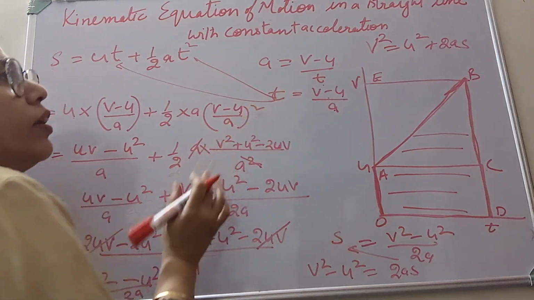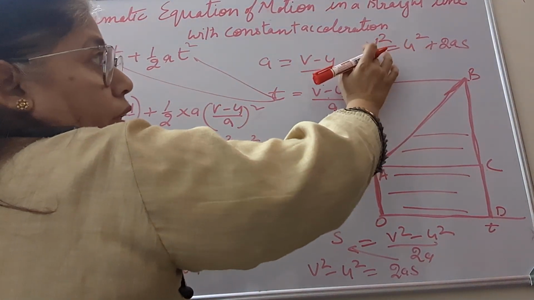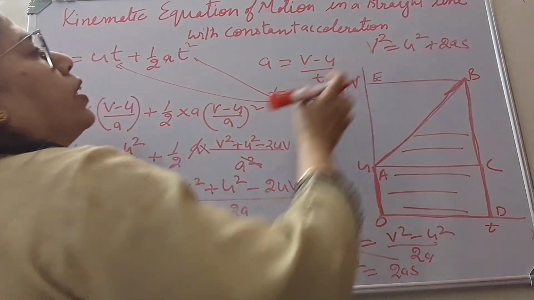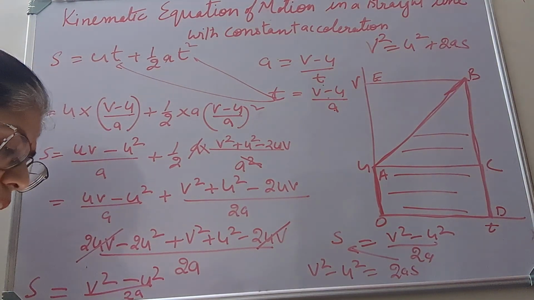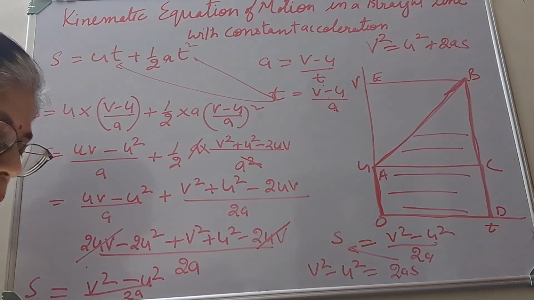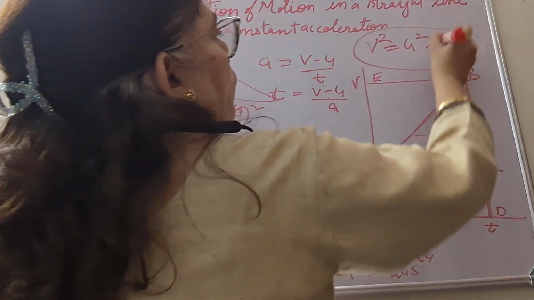Here we can derive the final velocity when initial velocity, acceleration and displacement are given. These are the three equations of motion. These are called kinematic equations, and these equations provide a mathematical description of how the motion of an object changes with time. This is our third equation.